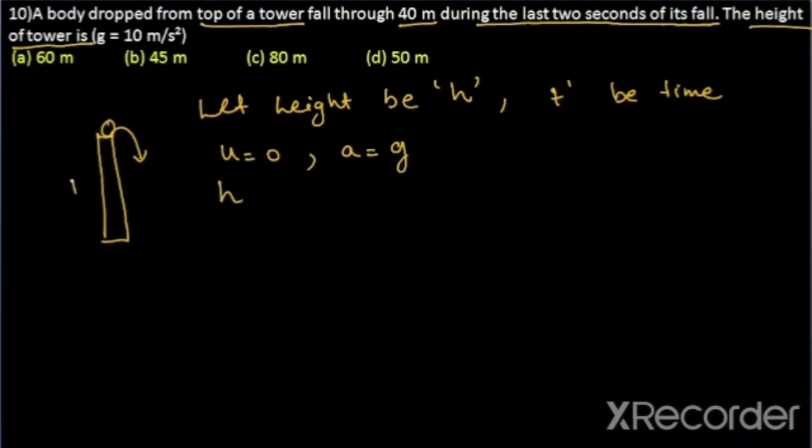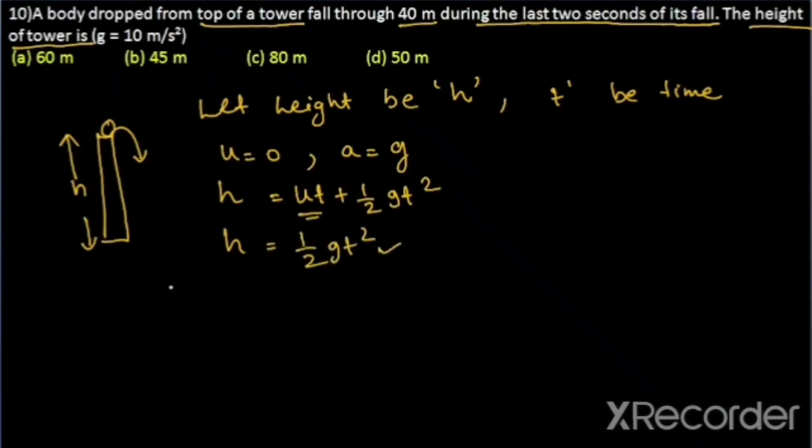So height h is equal to ut plus half gt square. Here u is 0, so ut is 0. So h is equal to half gt square is the height. But according to the question, last 2 seconds means, suppose this is the point and this is 2 seconds, it covers 40 meter. So this distance is t minus 2 seconds.